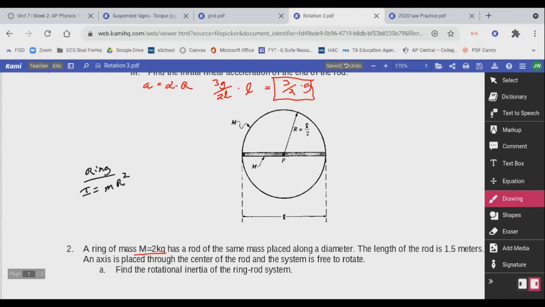Yes, MR squared. Perfect. And then what's the radius of this ring? It's in the given. 0.75. Exactly right. I'm just getting all this written so it's easier to find the information.